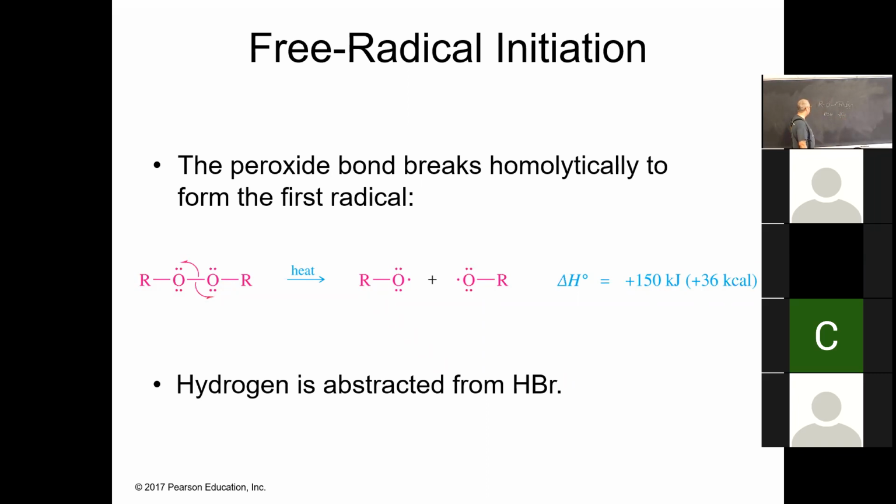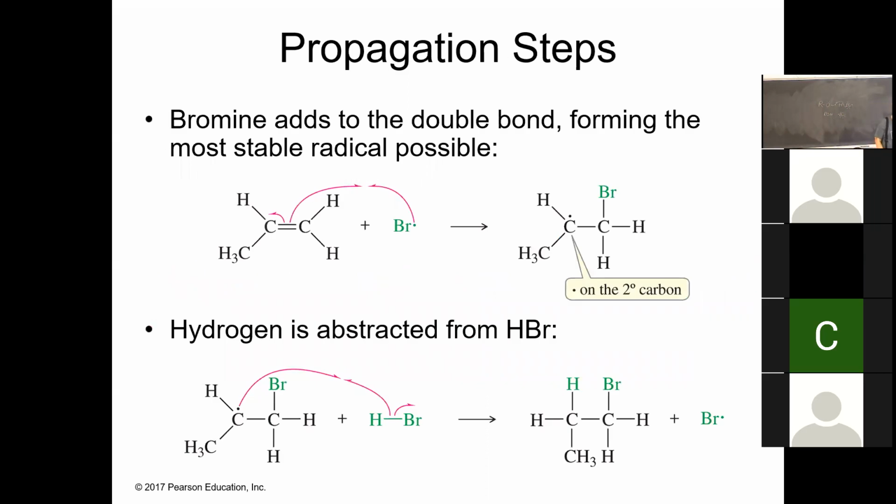So we have a bromine free radical. This bromine free radical then attacks the alkene. In the pi bond, one electron pairs up with the bromine to form a carbon-bromine bond. The other electron is left behind on this carbon, so we generate a free radical. So that's a propagation step.